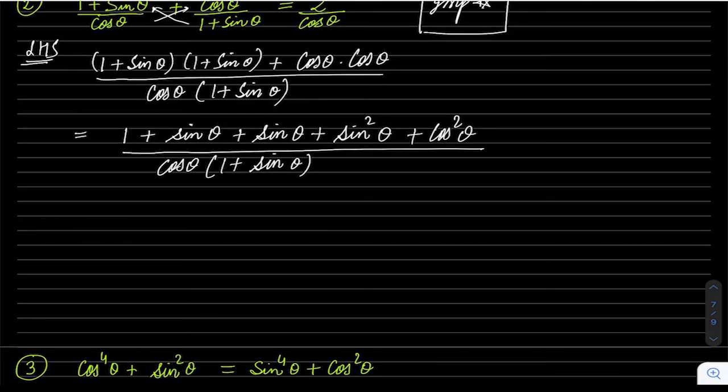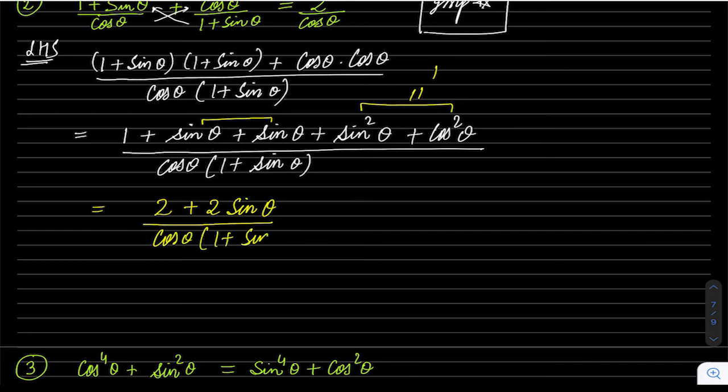Next, we can see one identity here, sine square theta plus cos square theta, which I can write as 1. So 1 plus 1, in the numerator we will get 2. And obviously sine theta plus sine theta is nothing but 2 sine theta, divided by cos theta into 1 plus sine theta. Now it's a little bit simplified. Further we can take 2 out from the numerator because both terms have 2. What is left? 1 is left and sine theta is left.